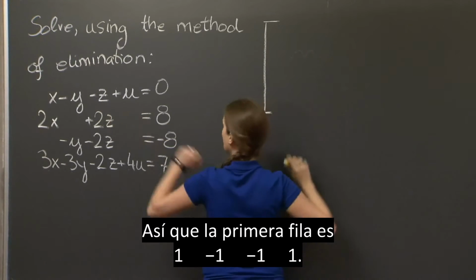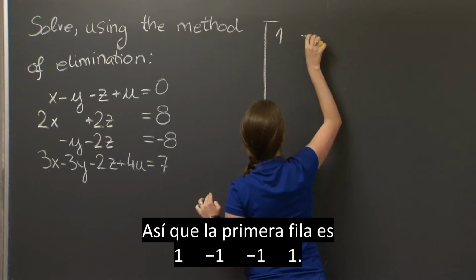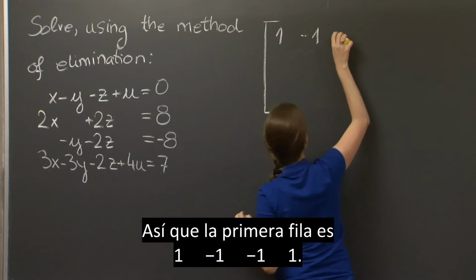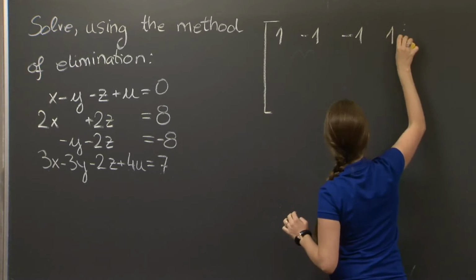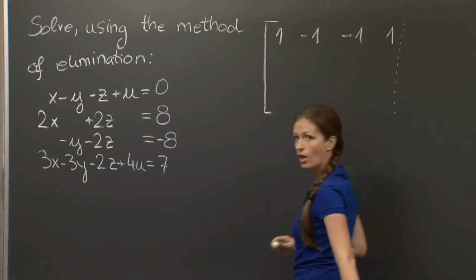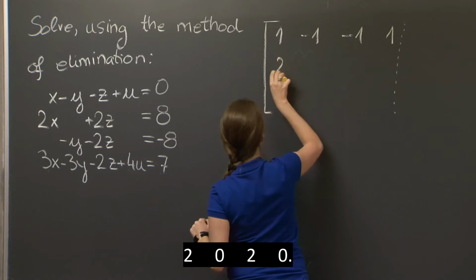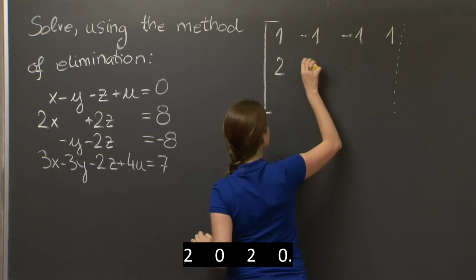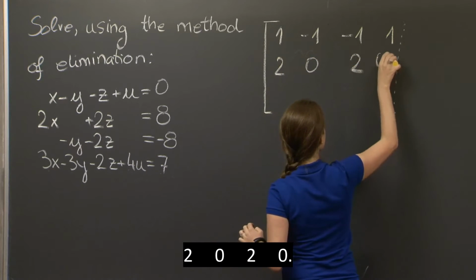So the first row is 1, minus 1, minus 1, 1. The second row, corresponding to the second equation, is 2, 0, 2, 0.